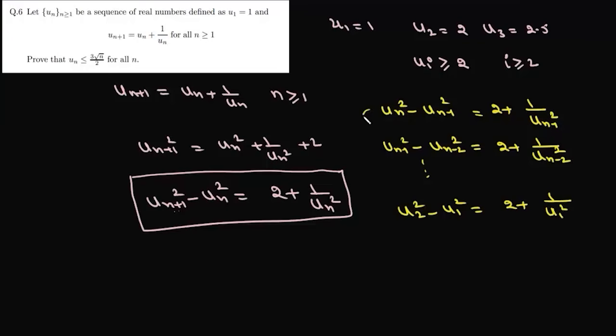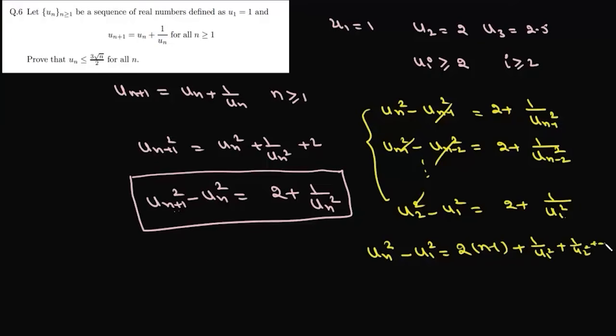Now if we add all of them, then these successive terms will cancel, so we can write un square minus u1 square, and here this is 2 plus 2 plus 2, n minus 1 times, so there will be 2(n minus 1), plus 1 upon u1 square plus 1 upon u2 square up to 1 upon u(n minus 1) square.